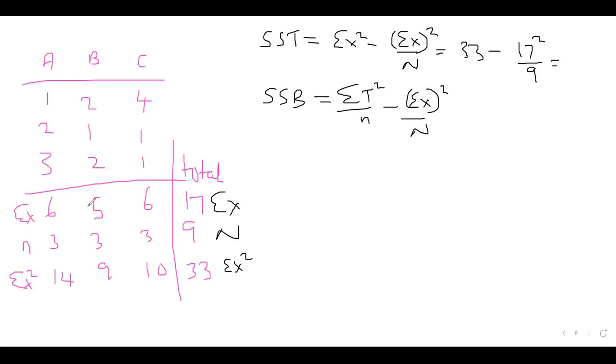So we're getting them individually: 6 squared over 3, 5 squared over 3, 6 squared over 3, minus the correction term, which is 17 squared over 9. So what do we get here as the totals?